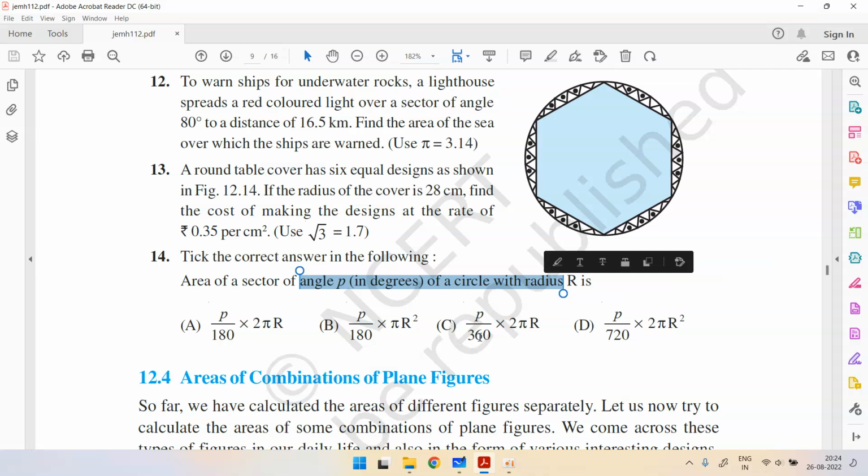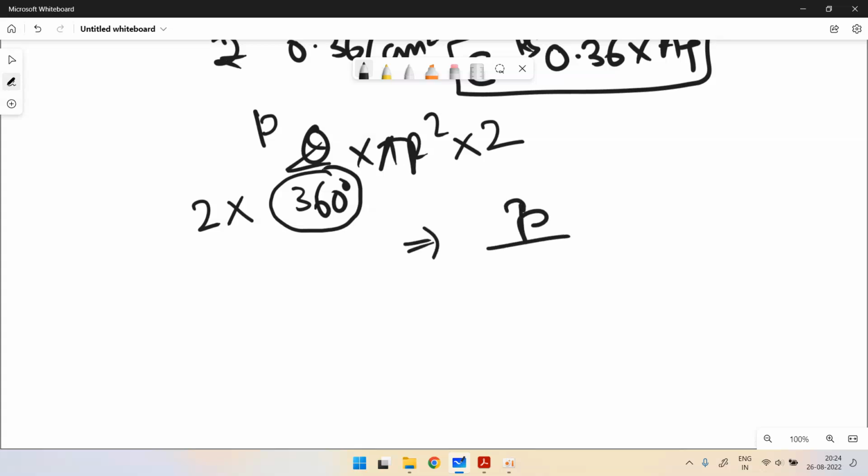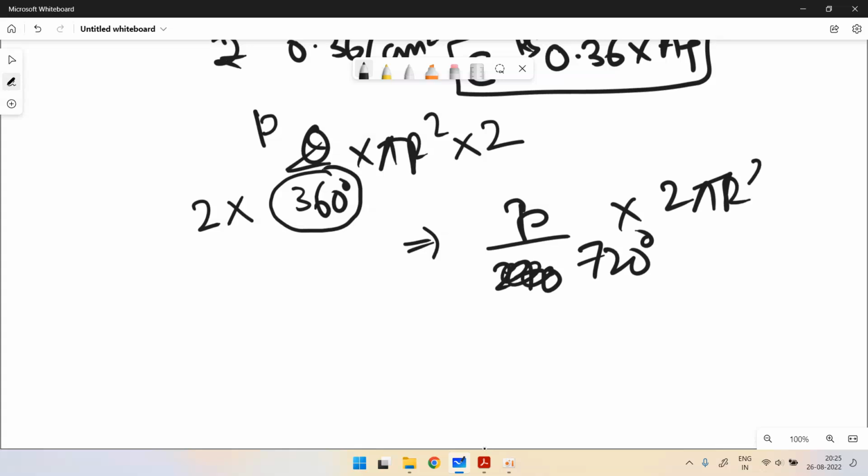See, here they have played a trick. In the bottom, they have multiplied by 2, and in the top also they have multiplied by 2, which implies it becomes P by 720 degrees into 2 pi r square.